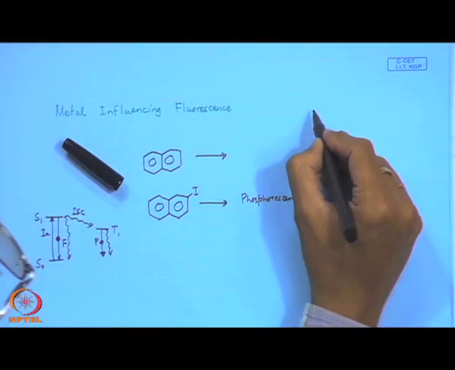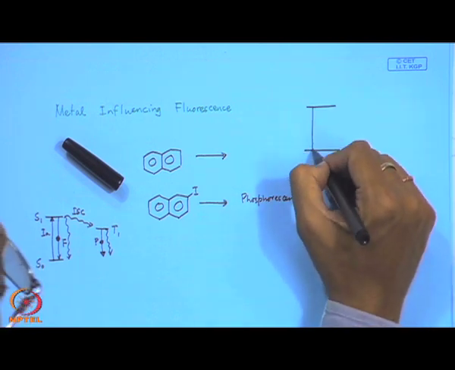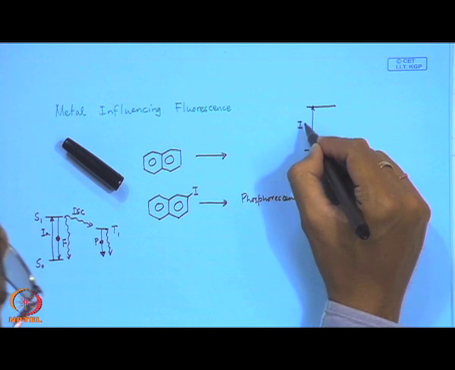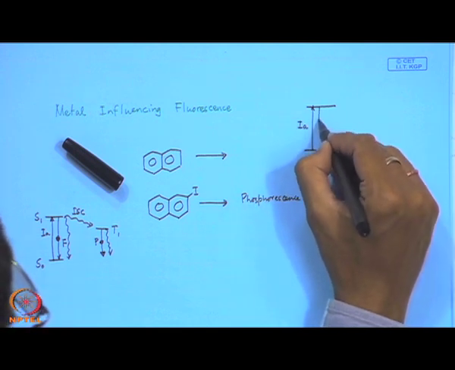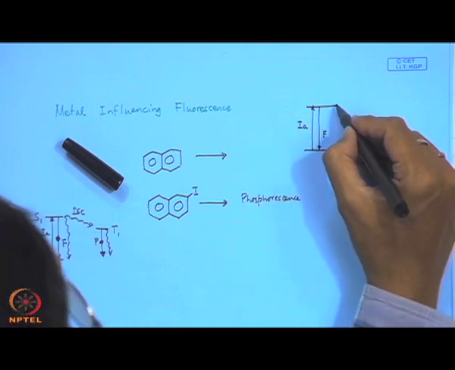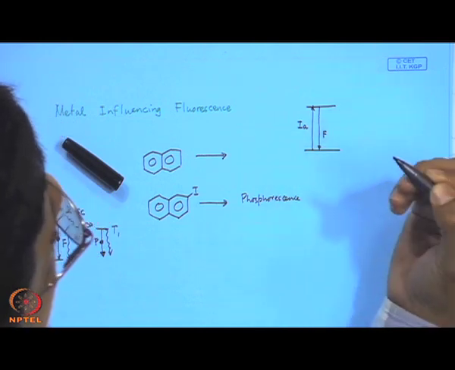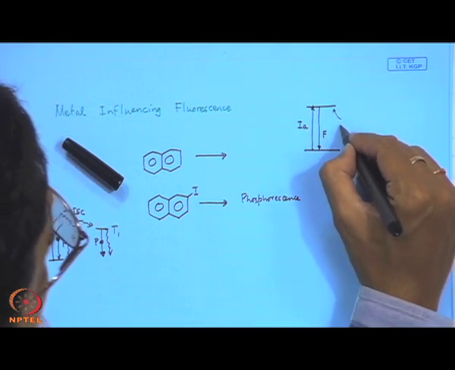Considerably reduced fluorescence means there is some interaction happening. Maybe because of the presence of a heavy atom, your fluorescence is basically from the singlet state. So, you have IA, that is excitation, and then you have F. But this excited state is depopulated because of the presence of the heavy metal.